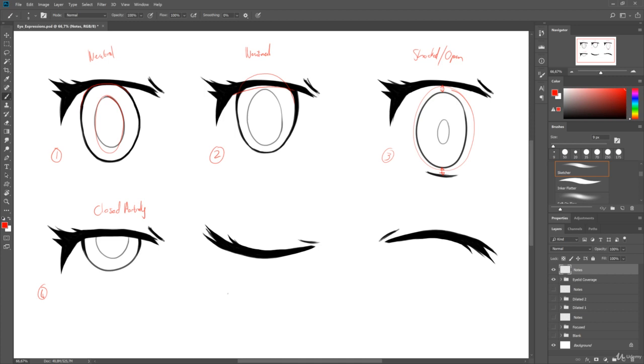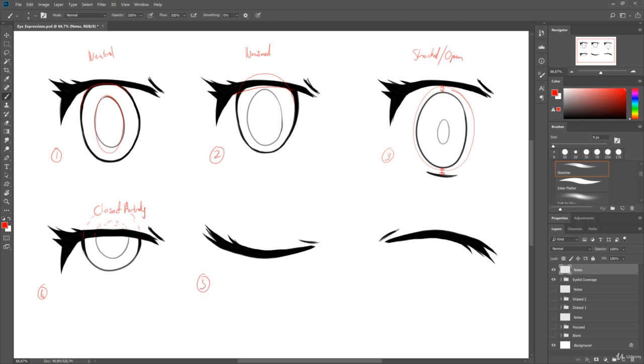So that's what we can do by partially covering the iris itself, and also ensuring that we're covering a large majority of the pupil. So do keep that in mind. You do want to cover the pupil when you're doing the partial lid closure for those expressions.